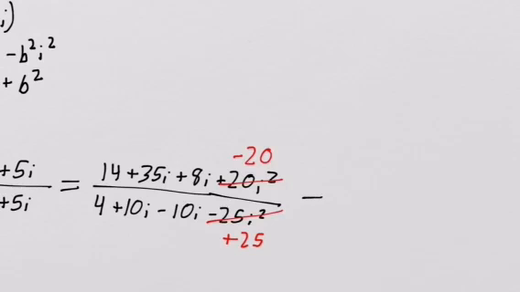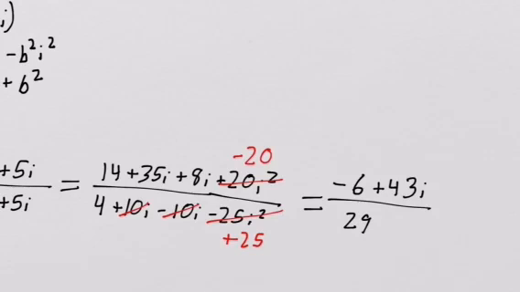So in the numerator, I have 14 minus 20. That gives me negative 6. And then with the i's, I have 35i plus 8i. So that's 43i. In the denominator, I have 4 and 25. That gives me 29. And then plus 10i and minus 10i cancel.